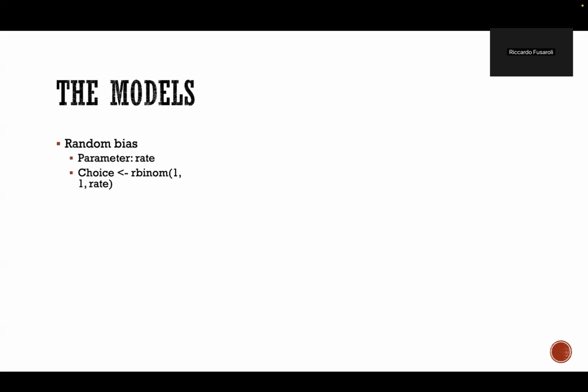Basically, what we have is a sequence of zeros and ones, a binary outcome, which is determined by an intercept.